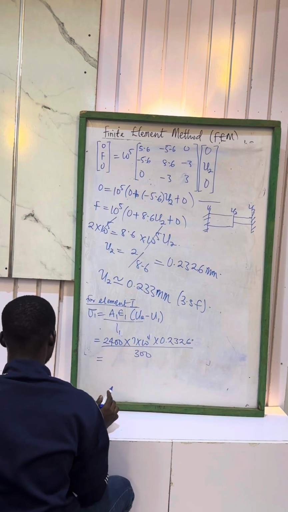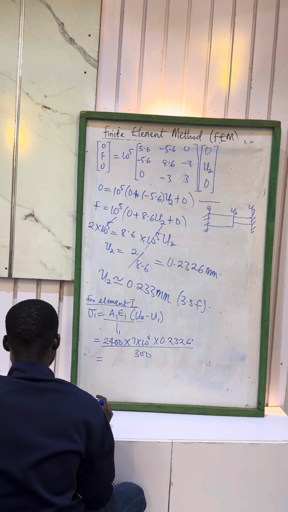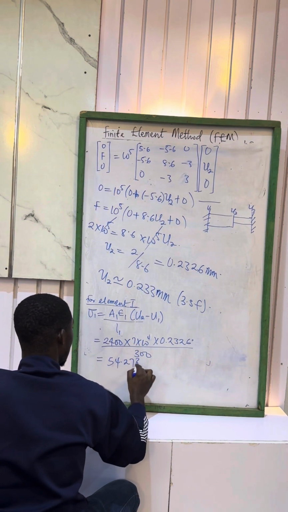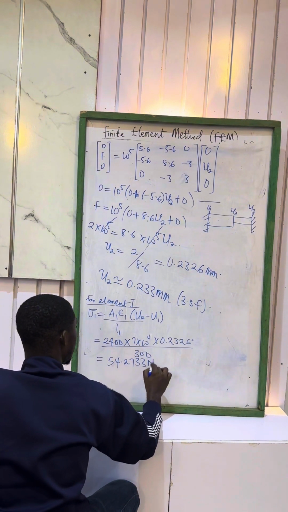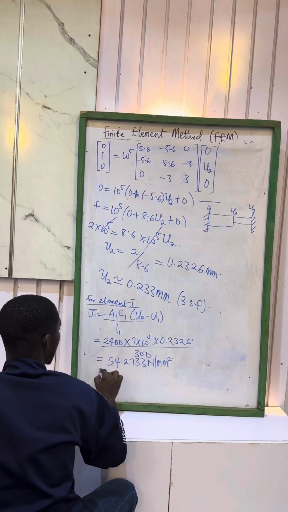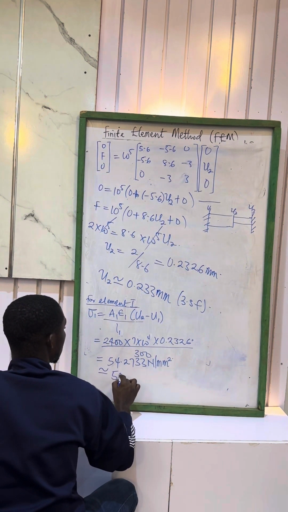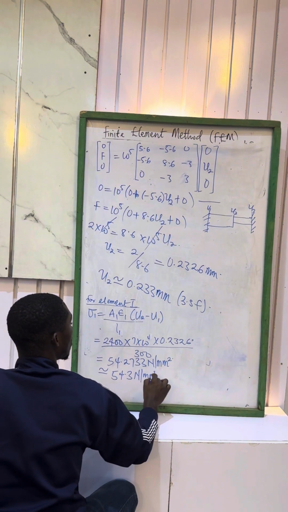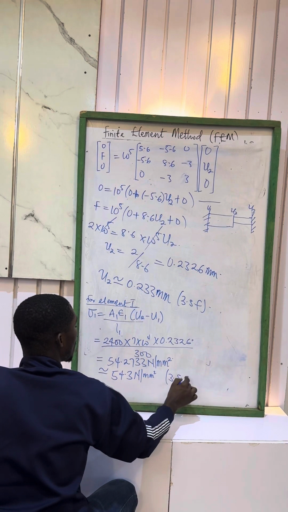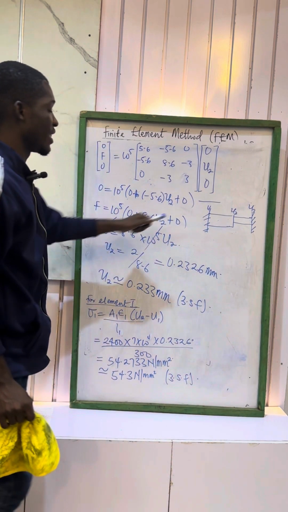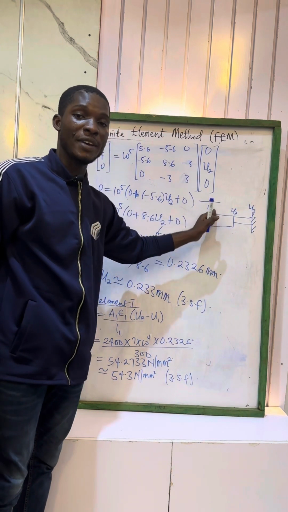So at the end of the day, when you solve this, you'll be getting 54.2733 Newton per millimeter squared. So when you approximate this, we have 54.3 Newton per millimeter squared, which is what we are approximating into 3 significant figures. So that is the stress induced in this body, the first element.